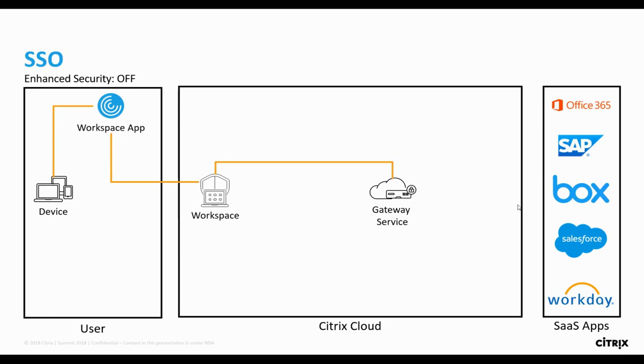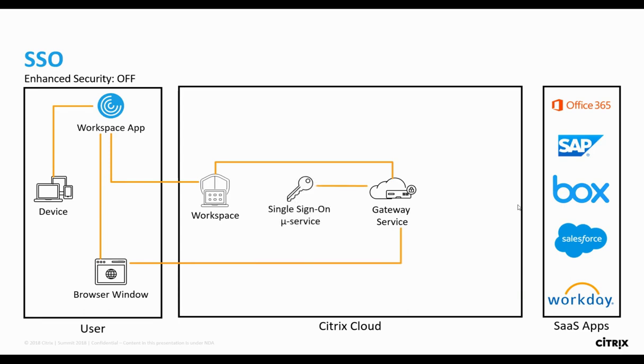Workspace Experience then asks the gateway service, hey, I need a one-time use URL and the preferred browser for this launch request. Gateway service sends this back. That information is accessed by Workspace App. Now, the preferred browser, in this instance, because enhanced security is turned off, is going to be your local browser. And it uses that one-time use URL.